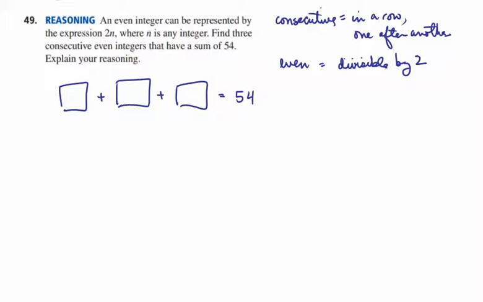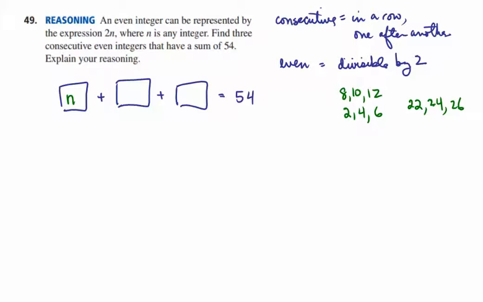So first, we don't know what the first integer is, or the first even integer, so we're simply going to call it n. Now 3 consecutive even integers might be like 8, 10, 12, or 2, 4, 6, or even 22, 24, and 26.